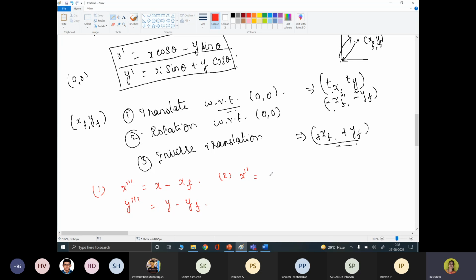What is y dash now? What happens to this x now? The x dash equals x cos theta minus y sin theta. What will be the x and y? X and y is the initial position of the object. Now we have moved the object to the origin.